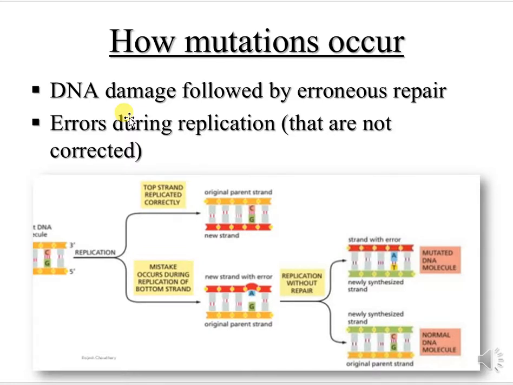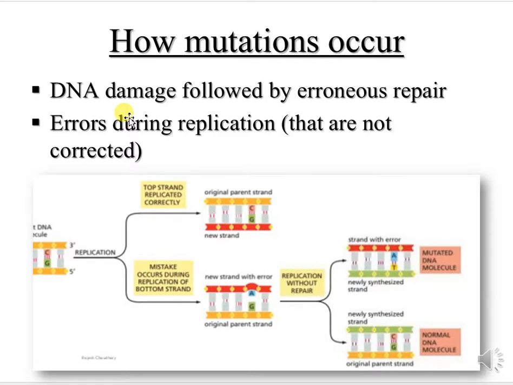Now, usually they'll occur from DNA damage that's followed by erroneous repair, which is then followed by cell division. That's important to remember, because erroneous repair followed by cell division is what fixes the mutation in the genome.